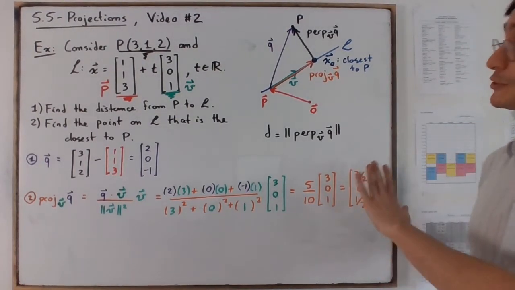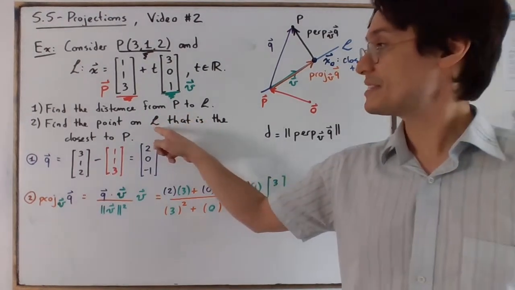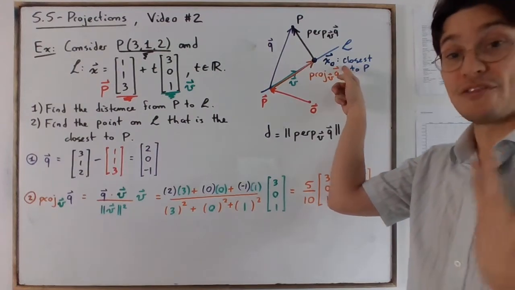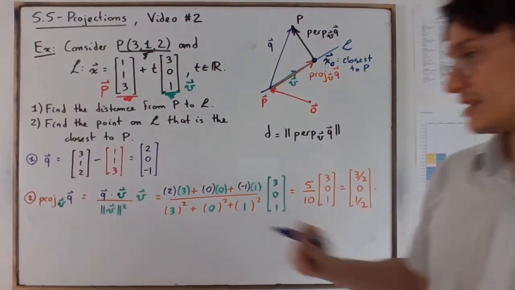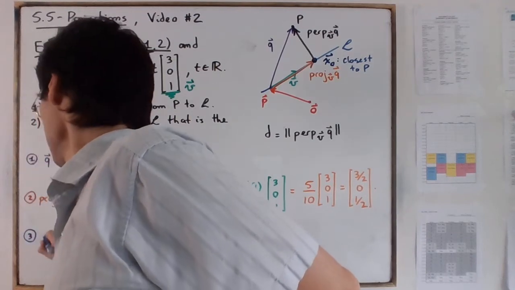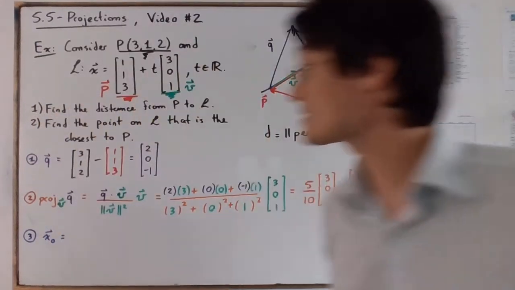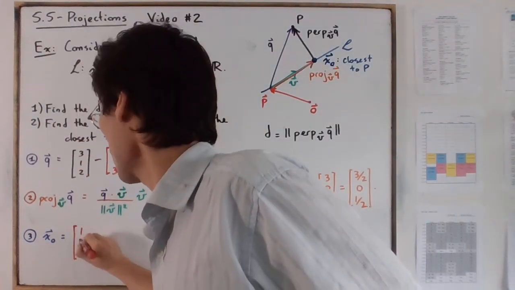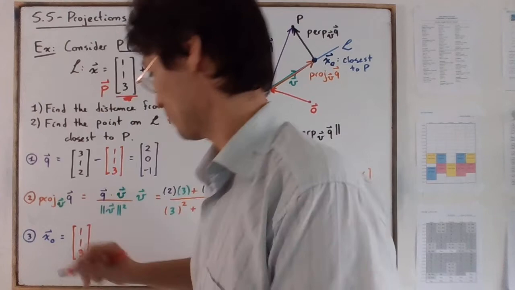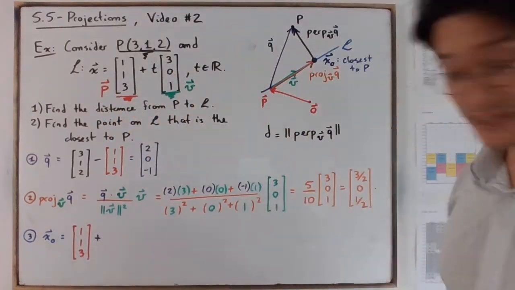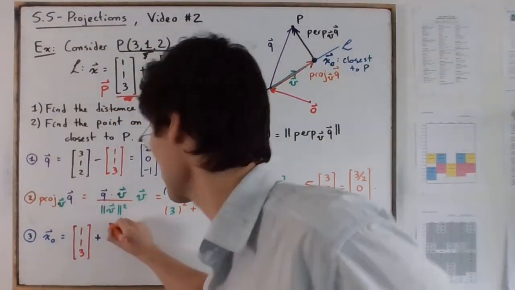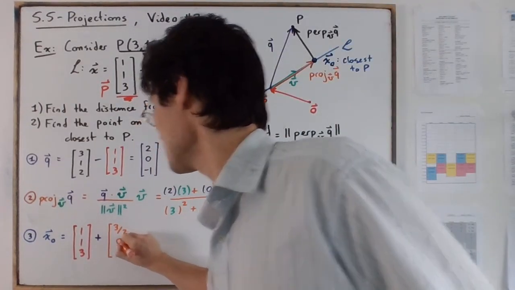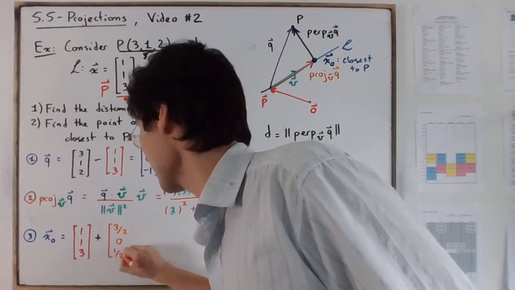Okay, so step number 2 is done. Now we're going to answer this question: find the point that is the closest. So we want to find the x naught. Okay, so this is step number 3. So x naught is going to be the vector P that we have right here, (1, 1, 3), plus the projection that we computed in the preceding step, (3/2, 0, 1/2).